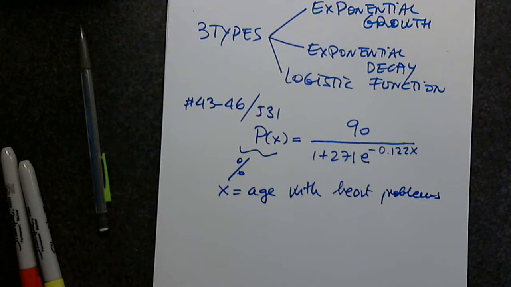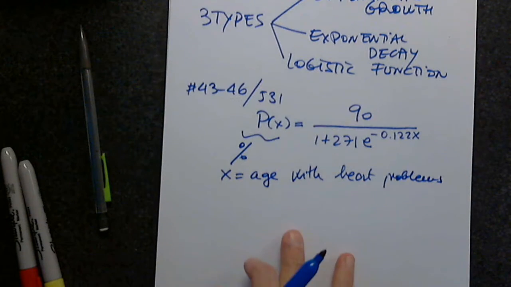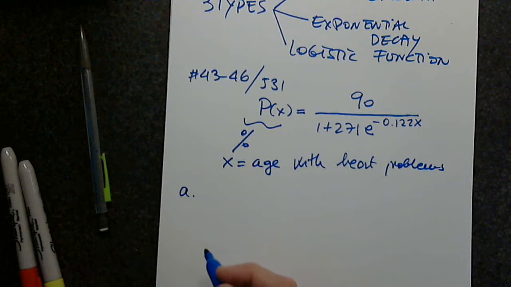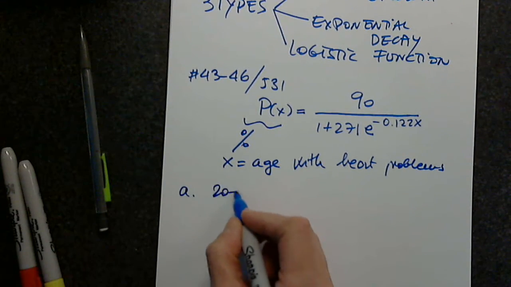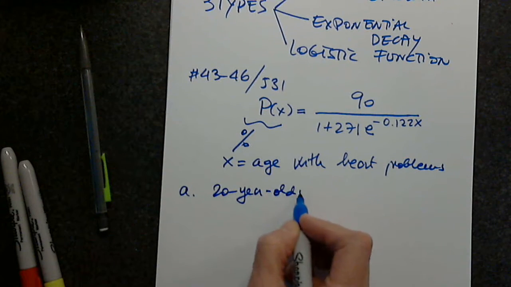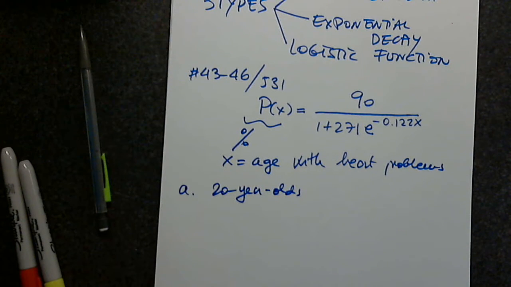So x represents years old with some coronary heart disease. Use this function to solve exercises 43 through 46. Let's see what they want. Part A: what percentage of 20-year-olds have some coronary heart disease?